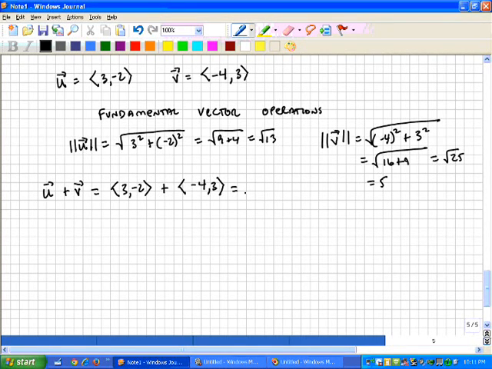When we add two vectors, we get what's called a resultant vector by adding the horizontal components to get the new horizontal component and adding the vertical components to get the new vertical component. The resultant vector, u plus v, is going to be negative 1, 1.